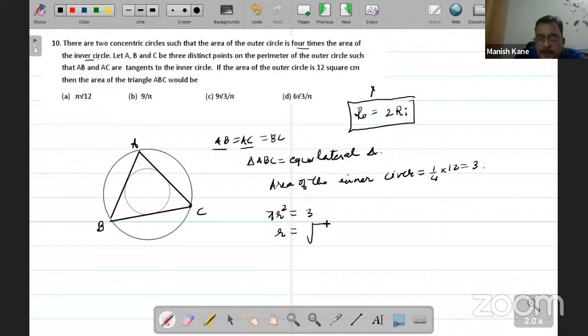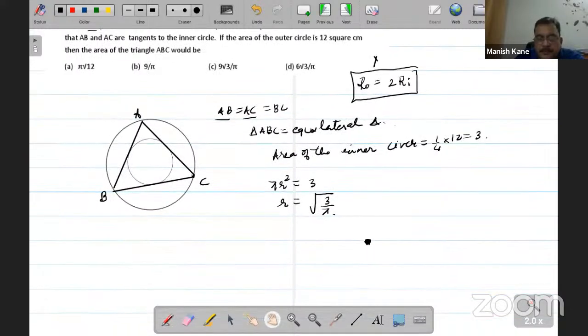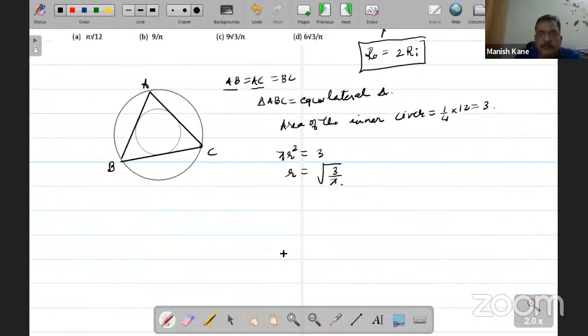So r must be equal to under root of 3 by pi. This is the first thing you need to understand. What next? The inradius of an equilateral triangle is given by a by 2 root 3. So r into 2 root 3 must be the value of a.